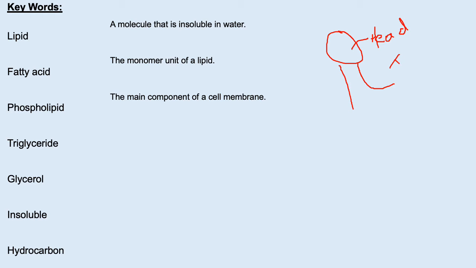So here you have your tails. They are made out of lipids, as the name suggests. So there you go, there's your very simple diagram of a single phospholipid molecule, and then they all join up and form the cell membrane, which we'll get onto later.